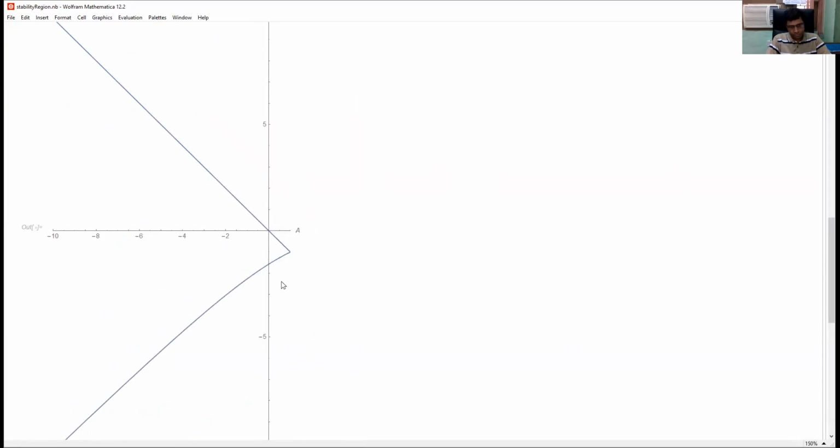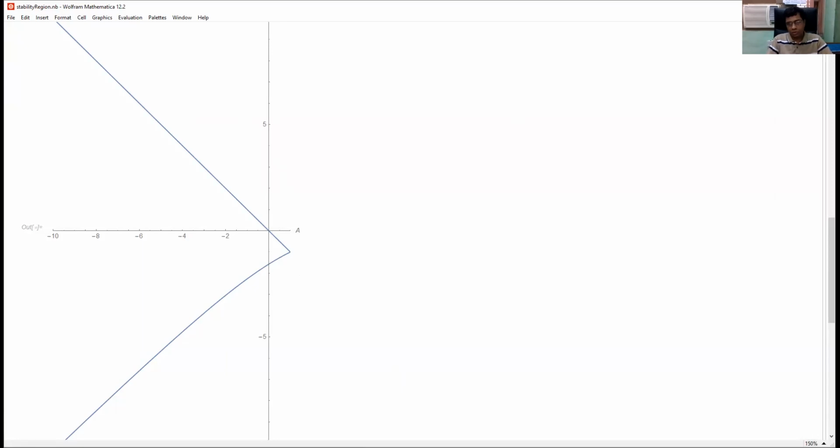Okay, now we are going to present the stability result in terms of small a and small b. Okay, so let us see this theorem.